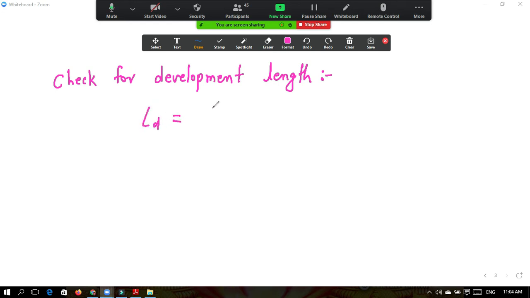Development length Ld is equal to, what is the formula? Phi sigma s upon 4 tau bd is the formula. So you put the values.